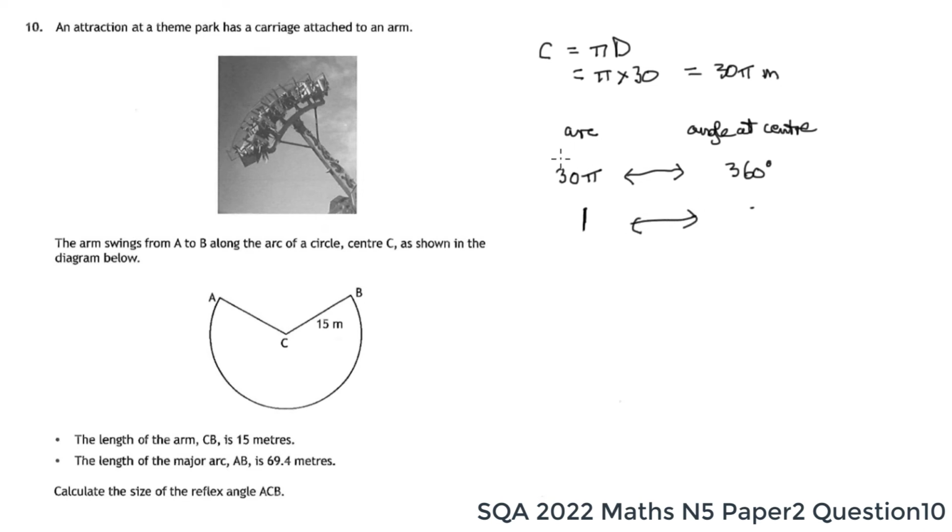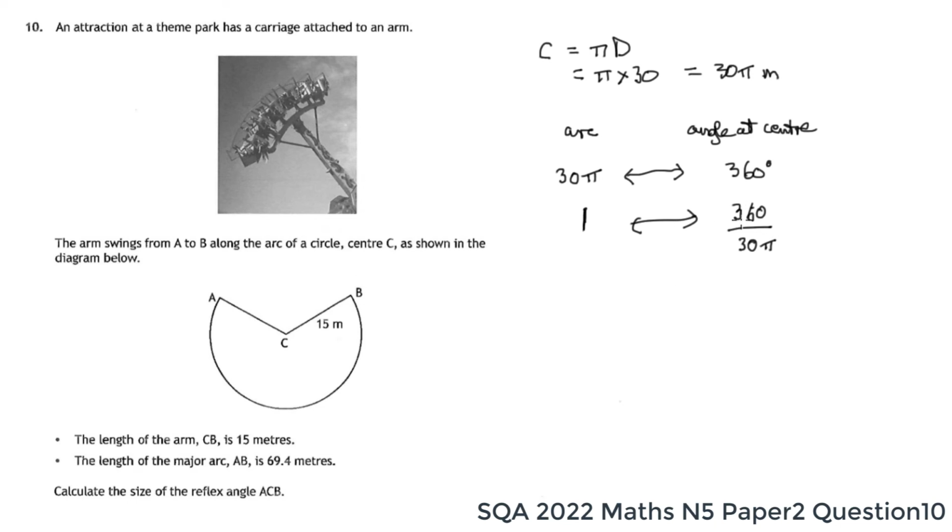Had it been a 2 metre arc, to get a 1 metre arc we would have divided by 2. If it's a 15 metre arc, we would divide by 15 to get this 1. It's 30 times pi, so to get 1 we divide this by 30 times pi, which means we do the same to the 360 degrees. So 360 gets divided by 30 times pi.